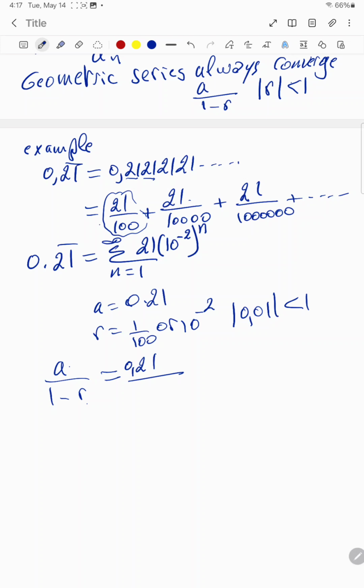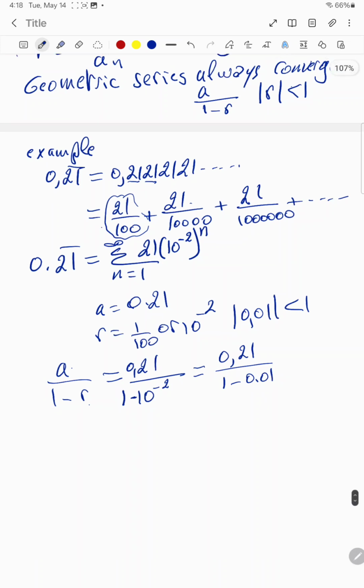0.21 divided by r, where r is 10 to the power minus 2, or 1 over 100, or 0.01. And here there is 1 minus r. So this is equal to 0.21 divided by 1 minus 0.01. And 1 minus 0.01 is equal to 0.21 divided by 0.99.